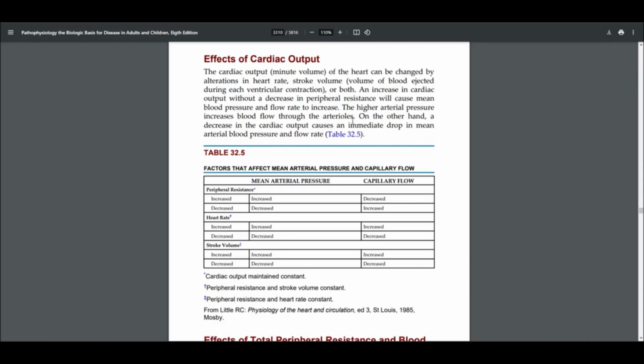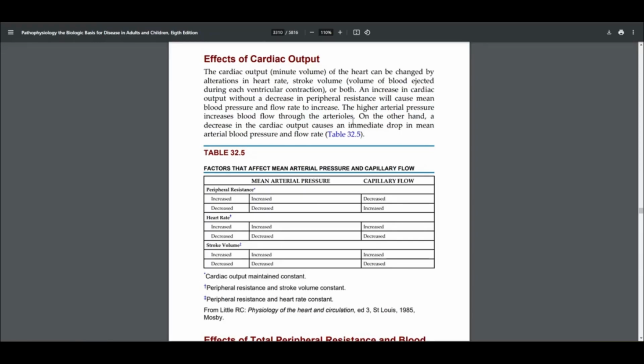If there's a peripheral resistance increase, my MAP increases, but our capillary flow decreases. A decrease in peripheral resistance means there's a decrease in arterial pressure, but an increase in capillary flow.